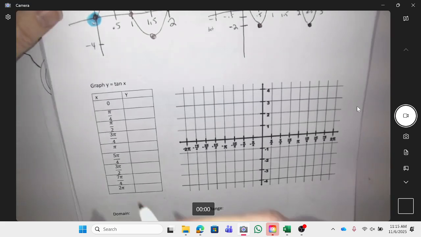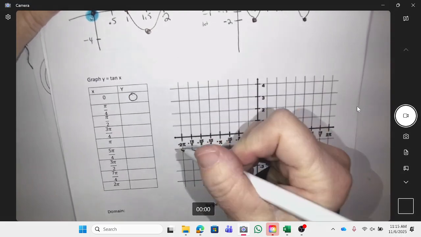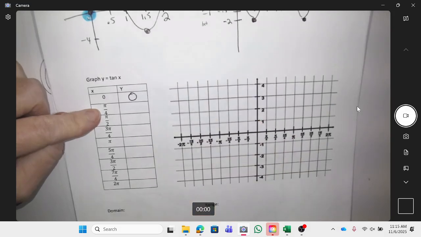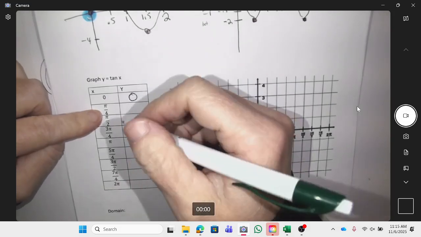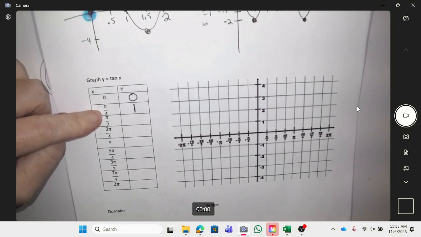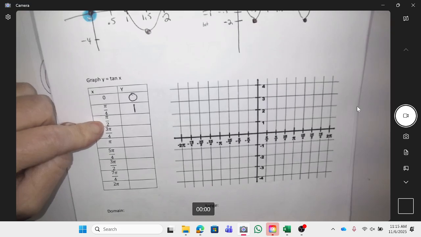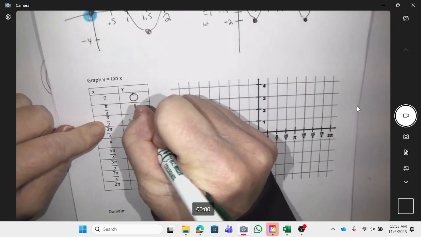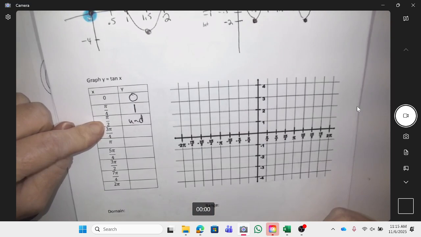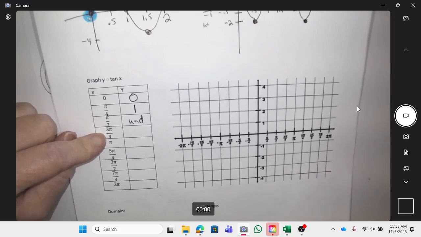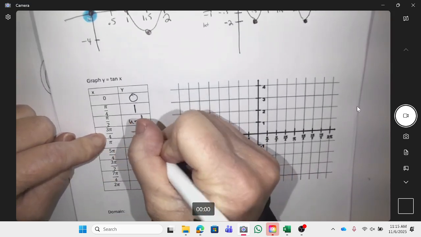Okay, so at 0 it was 0. And then at pi over 4, that's the root 2 over 2, root 2 over 2 coordinate. Up at the top, that's the undefined. And then we went into this quadrant, that was the negative root 2 over 2 and positive root 2 over 2.